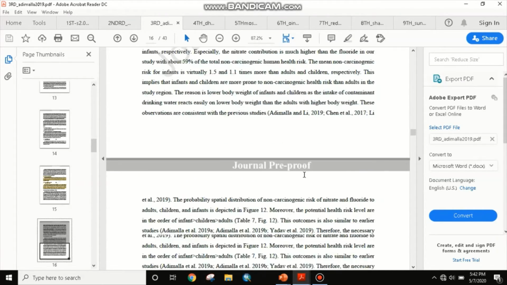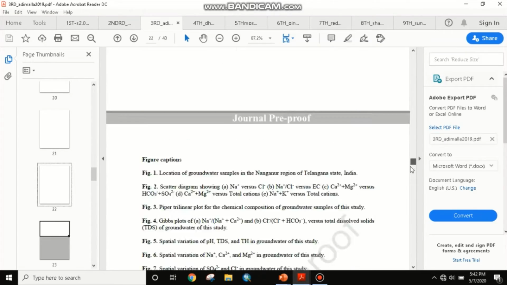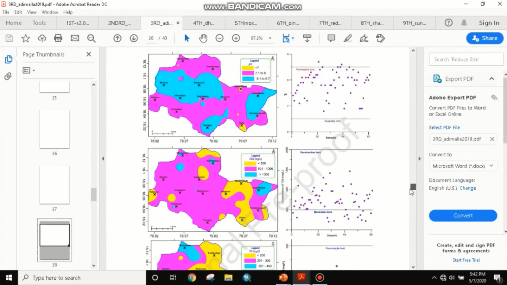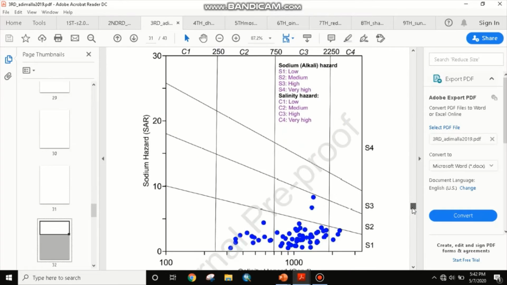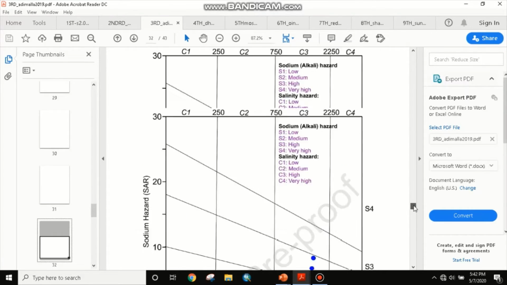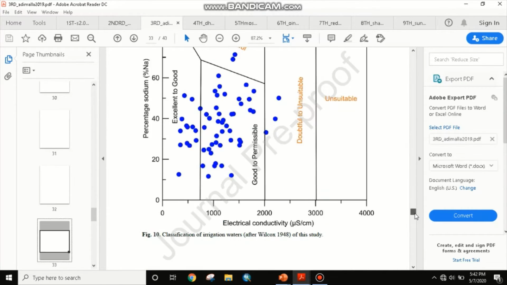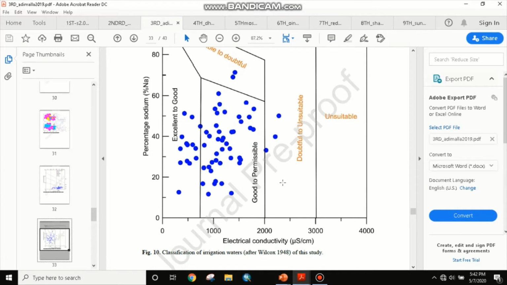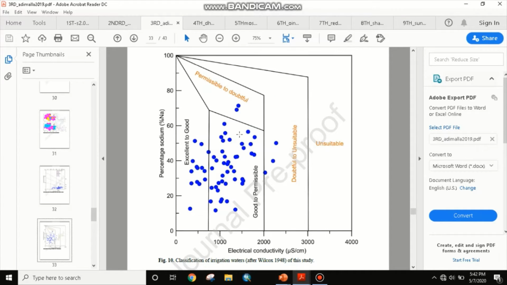So let's have a look at this research paper's Wilcox diagram. We'll see. A little bit down, here is our Wilcox diagram. If you see, most of the samples are in the excellent, good, permissible or doubtful region, and 3 samples are doubtful to unsuitable.